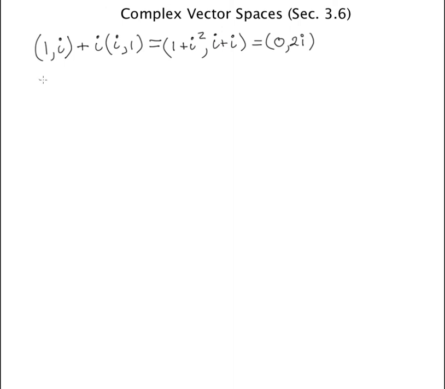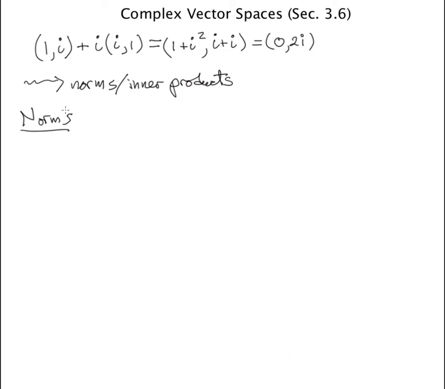So all of the basic stuff of vector spaces is very similar, until you get to norms and inner products. And let's look at norms first and see why there's an issue here.